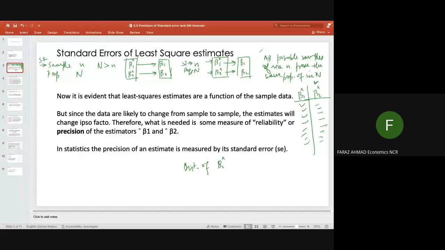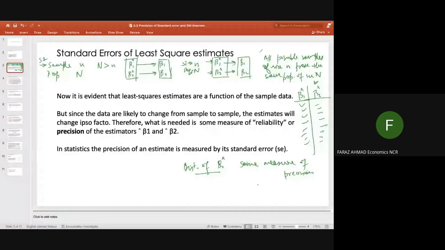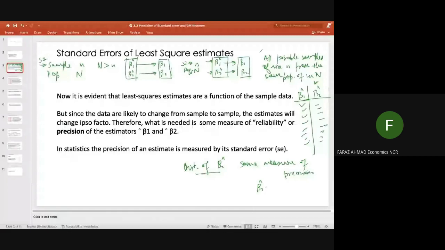To connect these two, we need to have some measure of precision. How precise is a given value of beta 2 hat? By precision, what I mean to say is how close it is to the true beta 2.